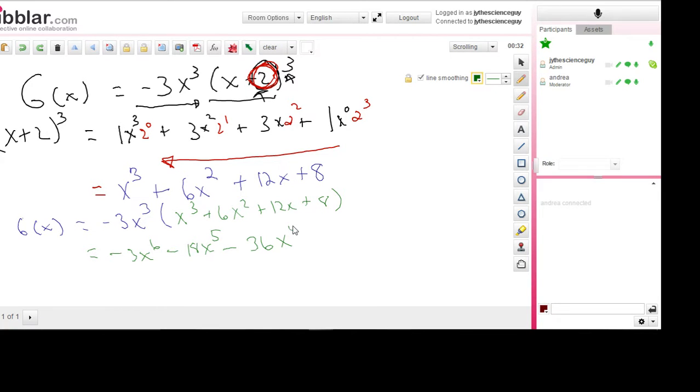Yep. Minus 24x to the 3rd power. And so that's your polynomial in standard form. That's what they would want you to write for the actual answer to the question.